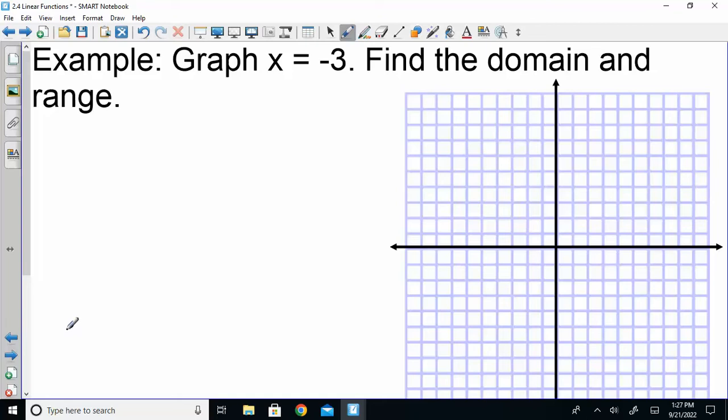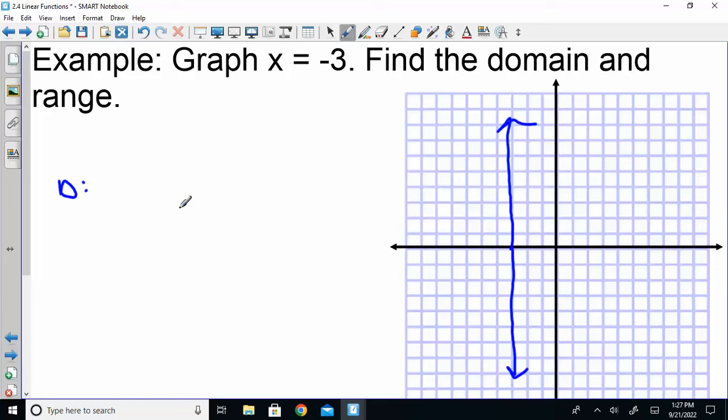All right, so if I ask you to graph x equals negative 3, there's no y in this problem. So what does that mean? Vertical line at negative 3. What's the domain of this vertical line?